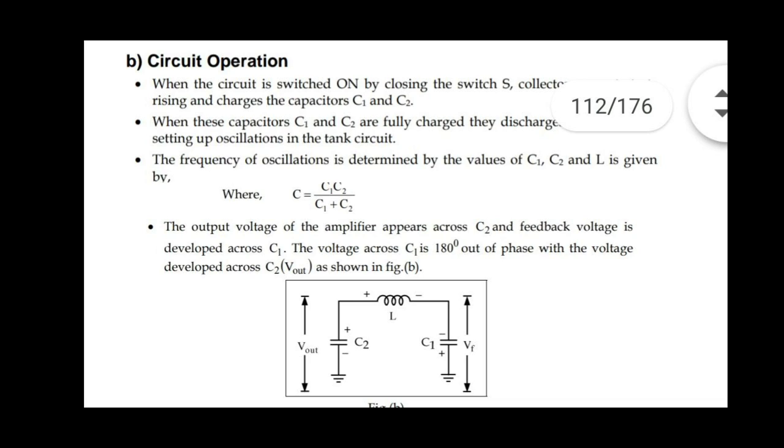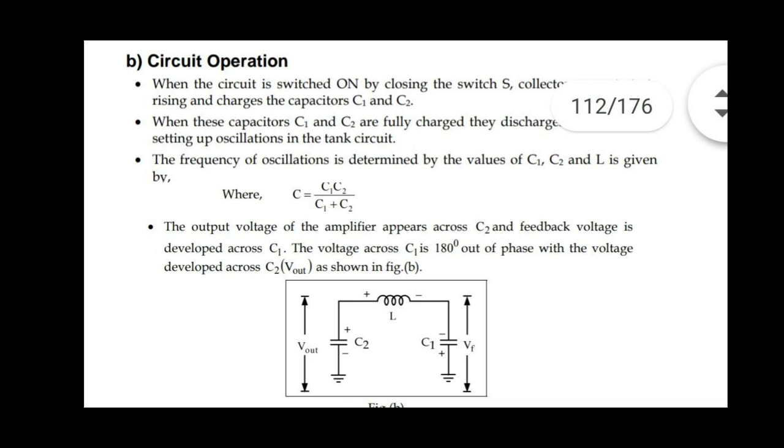The capacitors C1 and C2 form the capacitor voltage divider used for providing feedback. The capacitor C1 provides the regenerative feedback required for sustained oscillations.